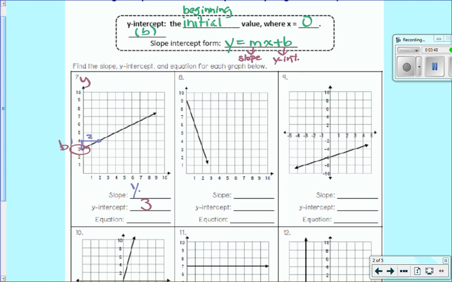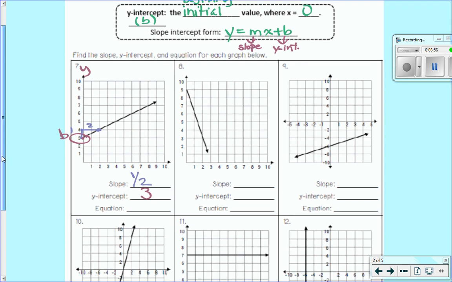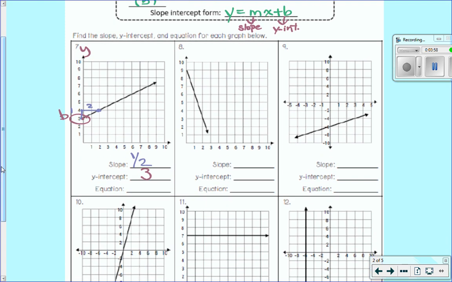So your slope is 1/2. All right, now we know our slope and our y-intercept, so now we can substitute our numbers in slope-intercept form. So y equals what? x, good. Plus 3, because that's a positive 3.